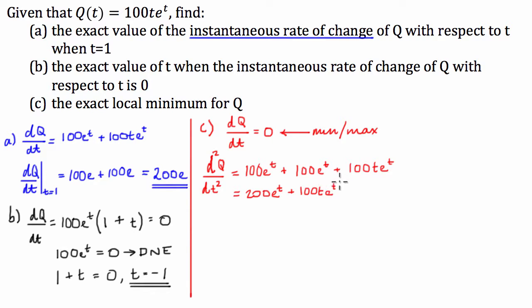Cool. So we're going to evaluate the second derivative at this turning point which we've found, where we know that the derivative is equal to 0. So we evaluate d squared q over dt squared when t is equal to -1.